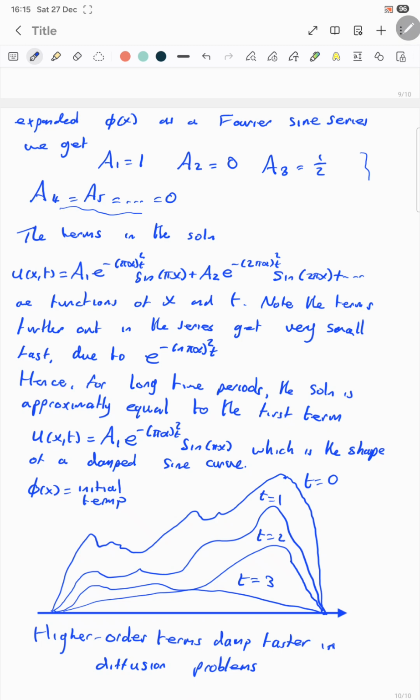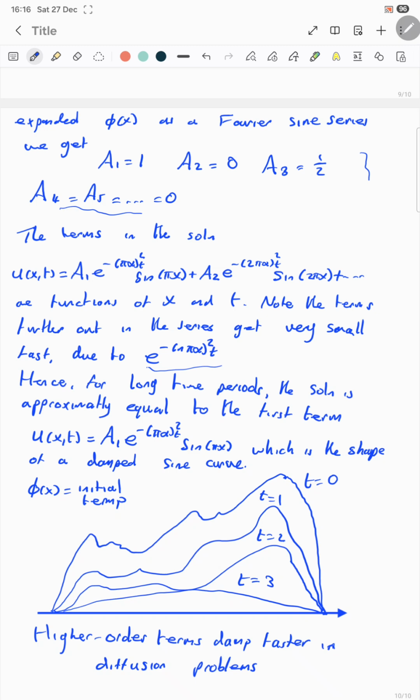The terms in the solution, u of x, t equals a1 e to the minus pi squared alpha squared t sine pi x, plus a2 e to the minus 4 pi squared alpha squared t sine 2 pi x and so on, are functions of x and t. We note that the terms further out in the series get very small, first, due to our negative exponential.